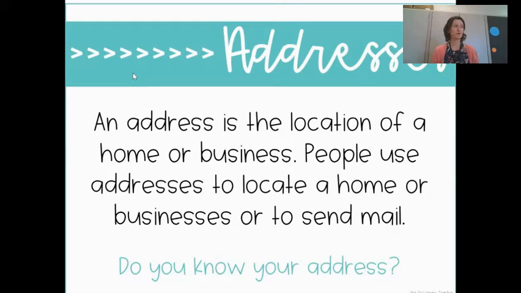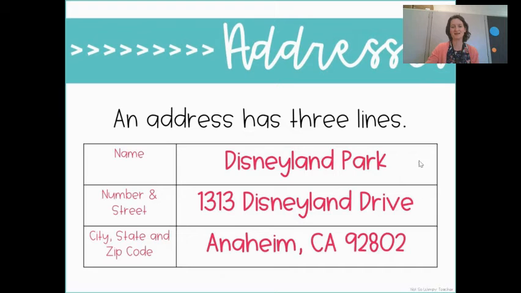You also need to know your address if you call the emergency services and want the police or the fire engine, or if you get lost, it's always helpful to know your address. Hopefully you know yours. So an address has 3 lines. The first line is always the name of the person or place that you're writing to.